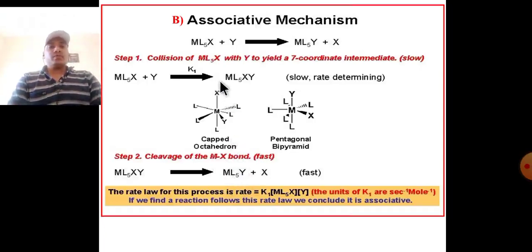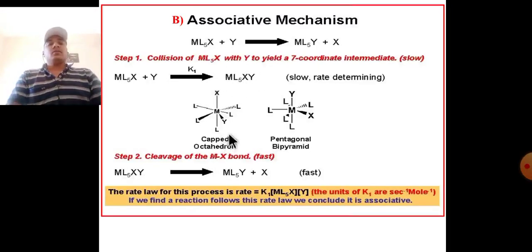In the two-step mechanism, the first step is MLβ‚…X plus Y converting in a slow step to a 7-coordinated intermediate. There are two types of geometry: capped octahedral wedge and pentagonal bipyramidal intermediate.